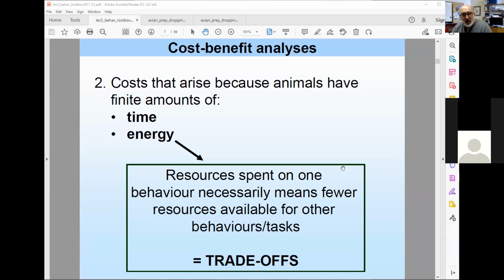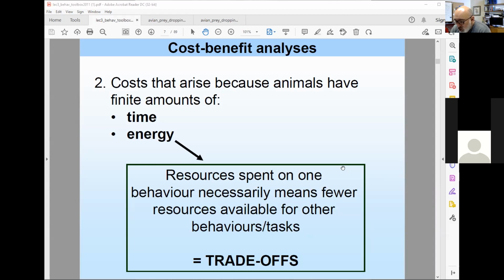The costs that I've already alluded to are the result, at least in part, of the fact that energy and time are finite. There is not an infinite amount of time or energy.